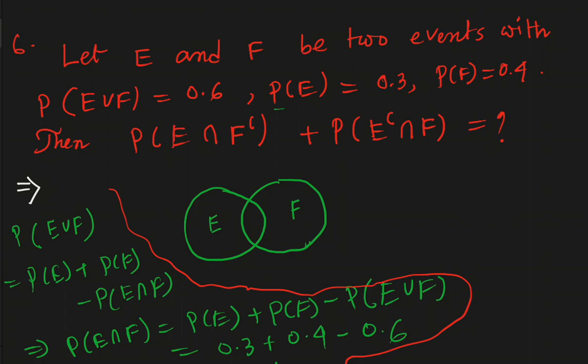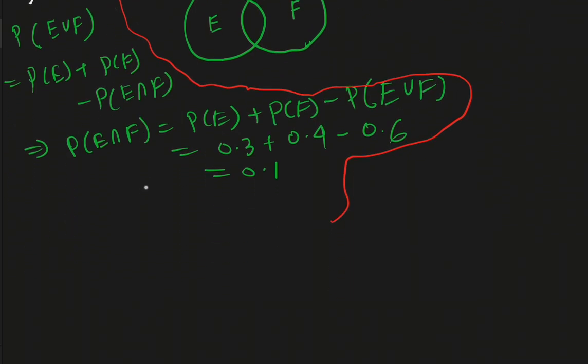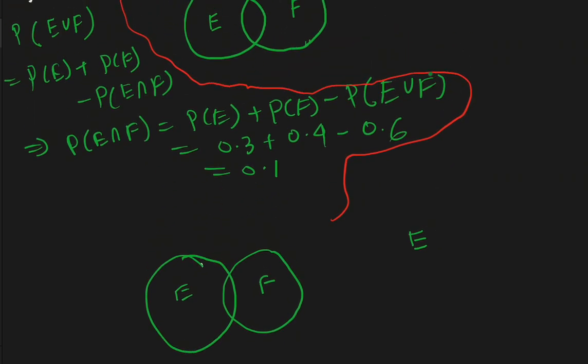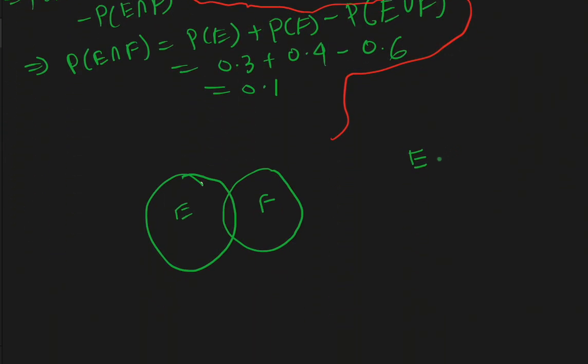Let me draw it here properly, then it will be easier to follow. Suppose this is E, this is F. Now I want E intersection F complement. What is it?